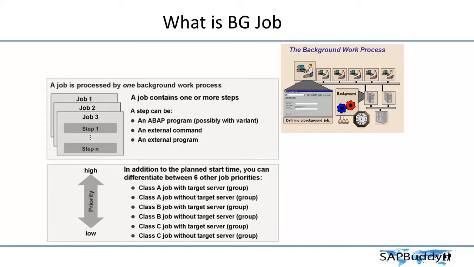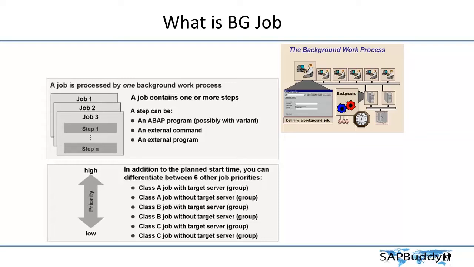So the first priority is class A jobs with target server or target group. Second priority is class A jobs without target server or target group. Then the third priority goes to class B jobs with target server or target group. The fourth priority goes to class B jobs without target server or target group.